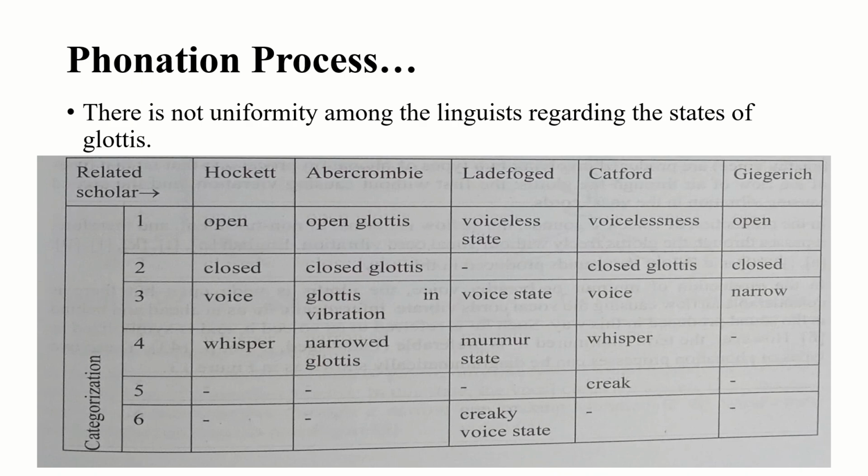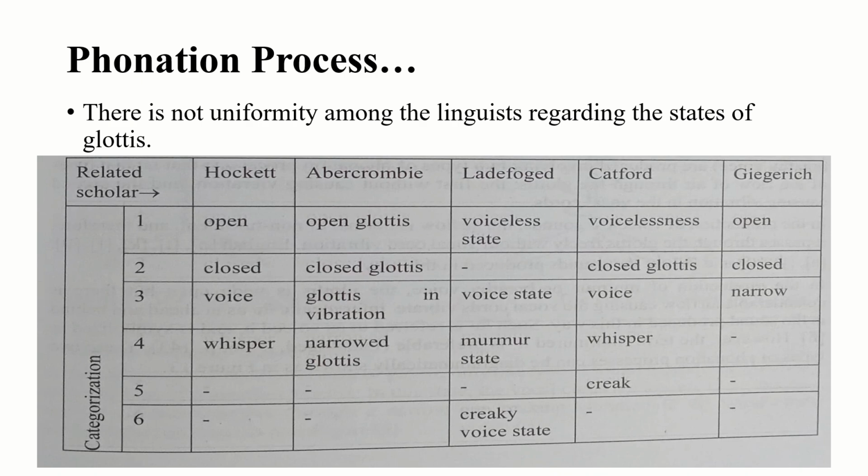Abercrombie has also discussed four states: open glottis, closed glottis, glottis in vibration, and narrowed glottis. According to Ladefoged, there are again four states: voiceless state, voice state, murmur state, and creaky state.